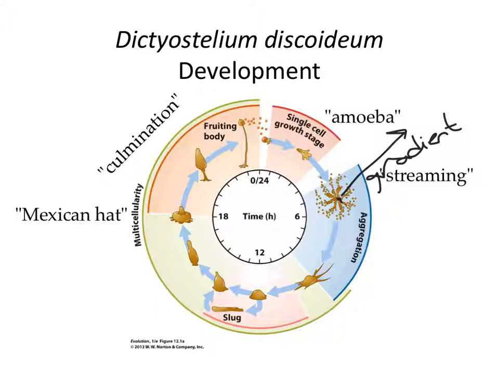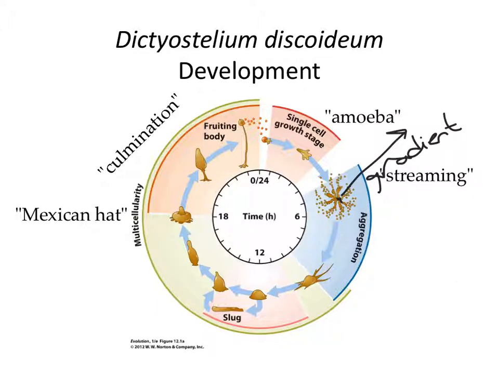A slug benefits from being multicellular because it's got length, so it can tell whether it's moving toward or away from different chemicals, because the amoebas that are part of the head of the slug can sense if they're closer to a high concentration of something. That slug knows that it should move in that direction because the tail senses a lower concentration of that same signal. So it's a three-dimensional organism, so now it has polarity, and it can sense where to go.